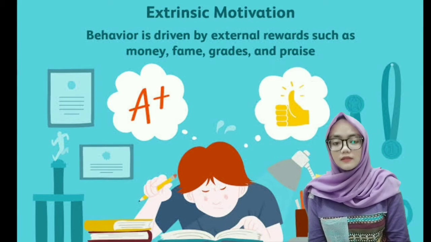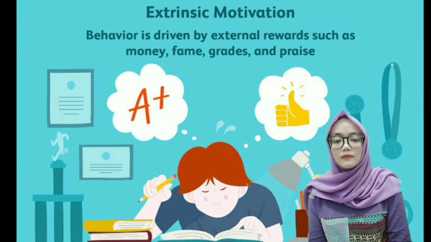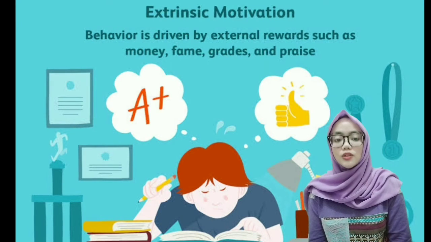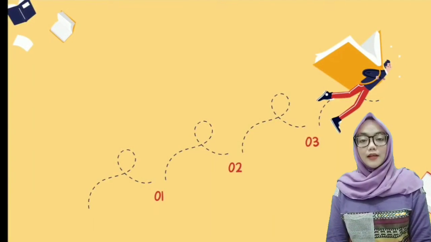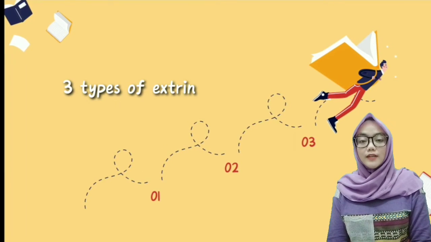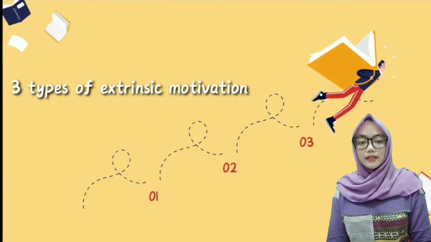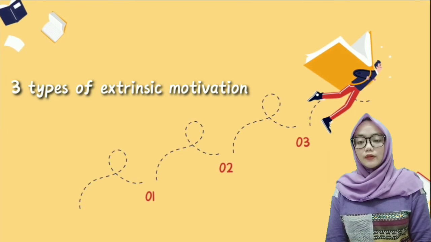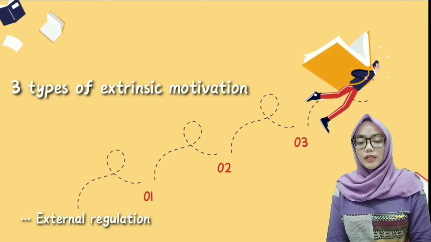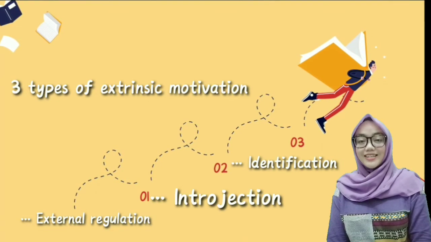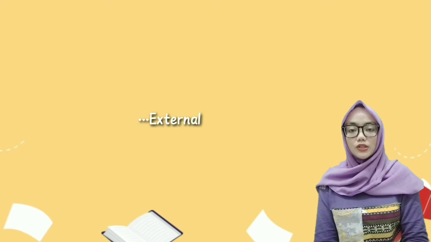Deci and Ryan view extrinsic motivation as a multidimensional construct as well. According to Deci and Ryan 2000, there are three types of extrinsic motivation in the self-determination theory tradition, including external regulation, introjection, and identification. The first is external regulation.